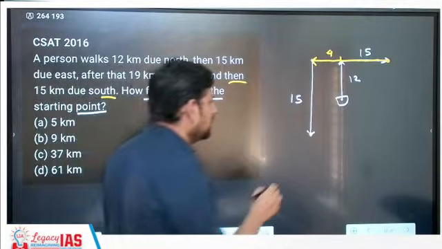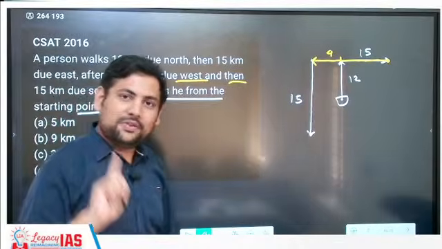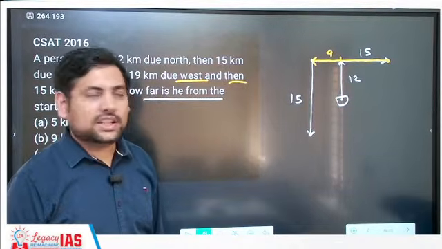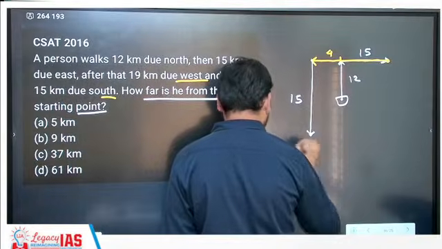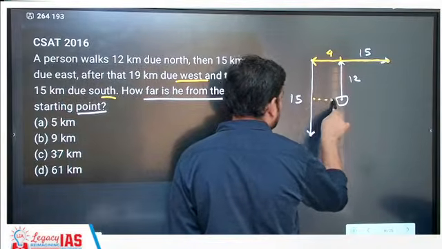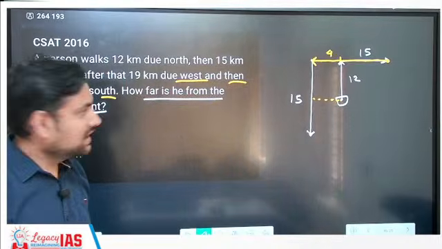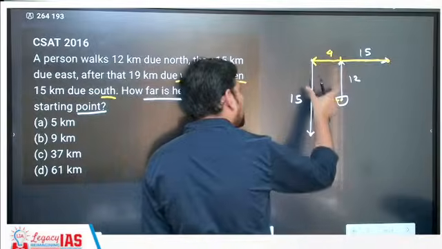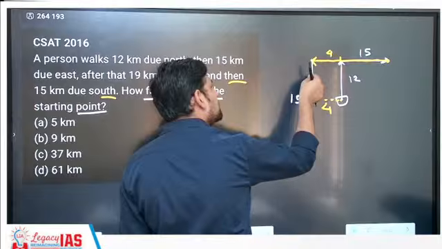Now it is asking you, how far is he from the starting point? How do you find this? You do 2 things in life: you form rectangles and you form right triangles. How do I form a rectangle here? If I just join this line, can you see a rectangle forming? Yes, yes. Now, if this is a rectangle, if this is 4, this is also 4. If this is 12, then this is also 12.